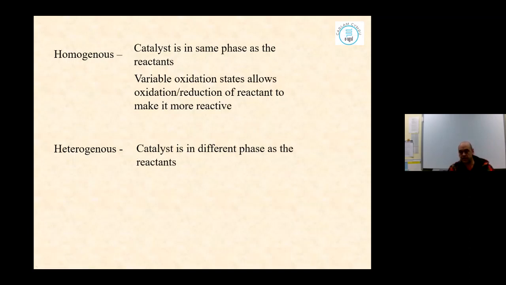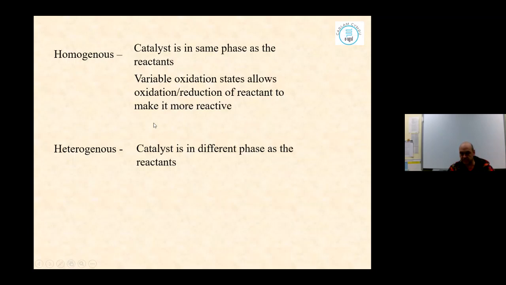Homogeneous transition metal catalysts work by having a variable oxidation state. They can oxidize or reduce one of your reagents to make it a bit more reactive, and then in the reaction they get oxidized or reduced back to their initial oxidation state. So it's the fact they have variable oxidation states that allows them to be these homogeneous catalysts.